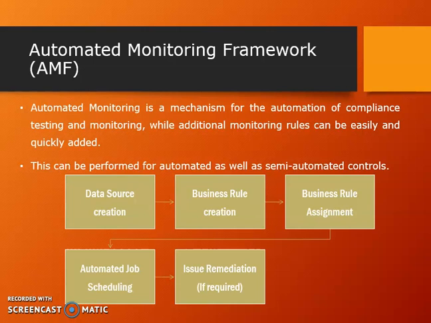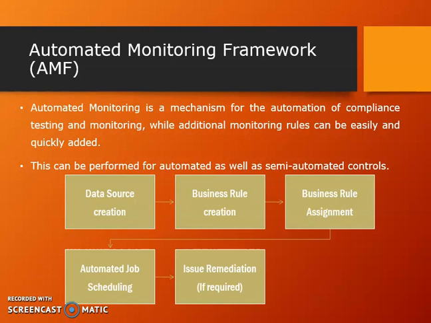Now the second thing: how do we automate a control? To do that, we have certain steps, as shown in the diagram here. First is data source creation, then we'll create the business rule, then we'll assign it. The business rule is created while selecting the data source, so both of these are connected.